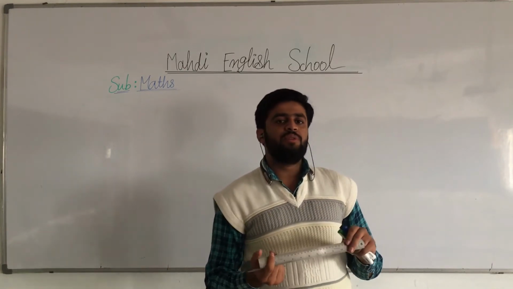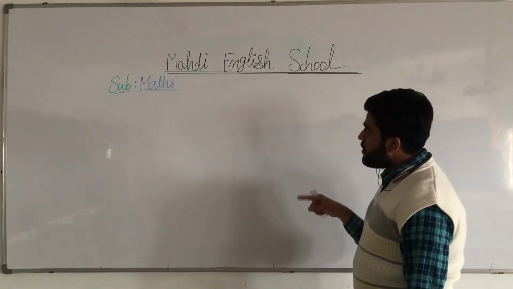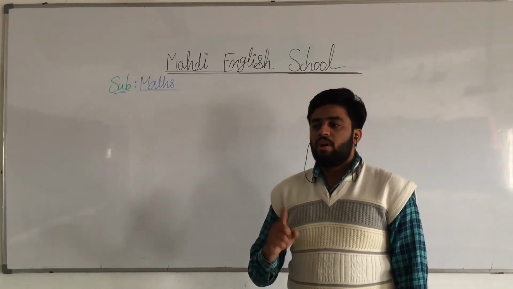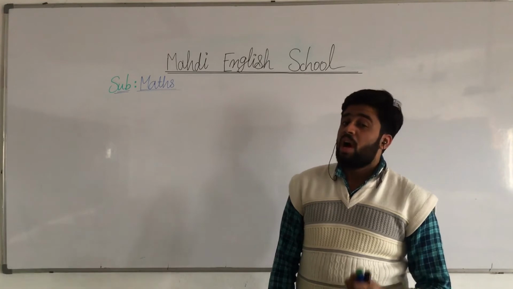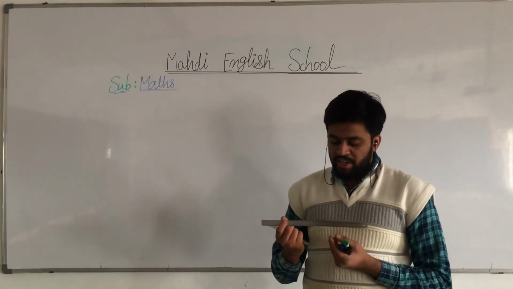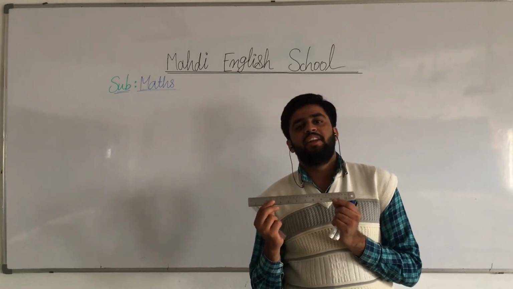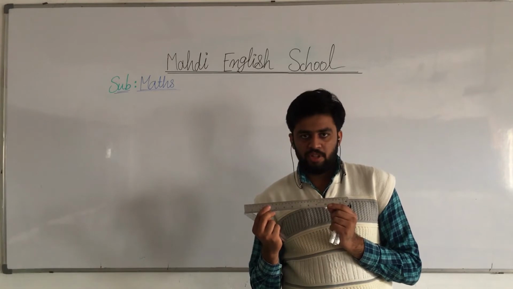What is the use? We have to draw a line, we have to draw a square, but all sides having 10 centimeters. So how do we know? First of all, we will find the 10 centimeter. See, this is 10 centimeter. Got my points, my dear students?